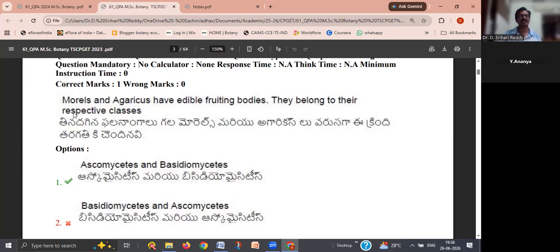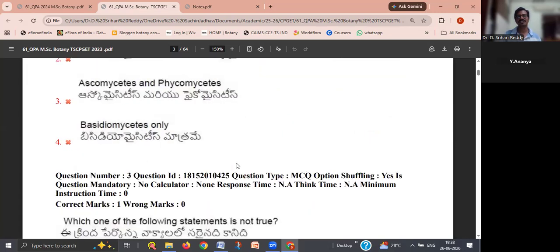And Morels, the botanical name or scientific name is Morchella, the common name is Morels. And Agaricus belongs to Basidiomycetes. So that is the right answer. Morels belong to Ascomycetes and Agaricus belongs to Basidiomycetes.